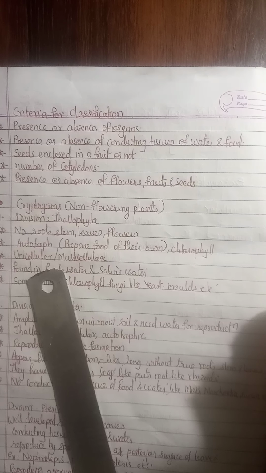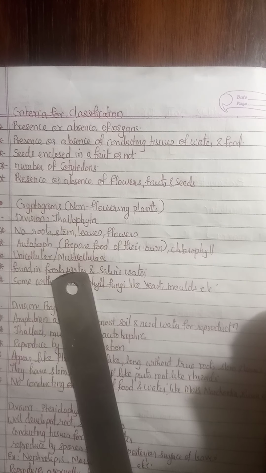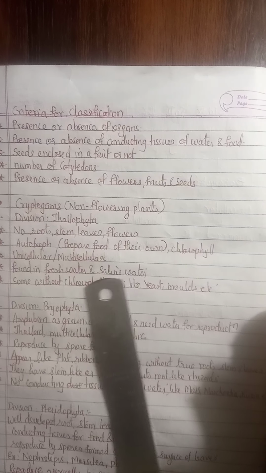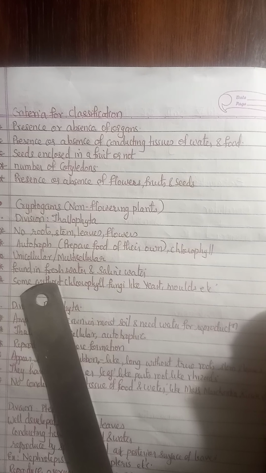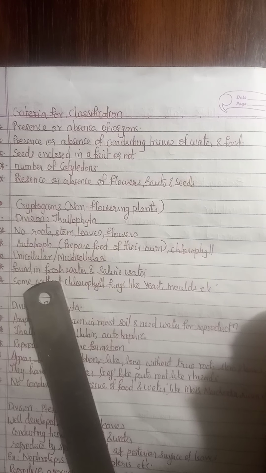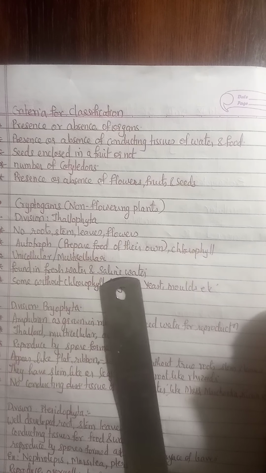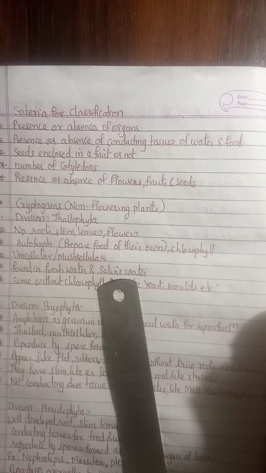Then they can be either unicellular or multicellular. Unicellular implies one cell performs all the functions, multicellular means many cells perform the functions. Then these types of plants are found either in fresh water or in saline water. Fresh water we also call sweet water, saline means salty water.